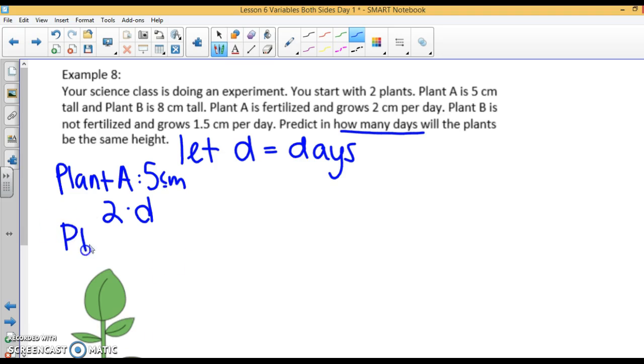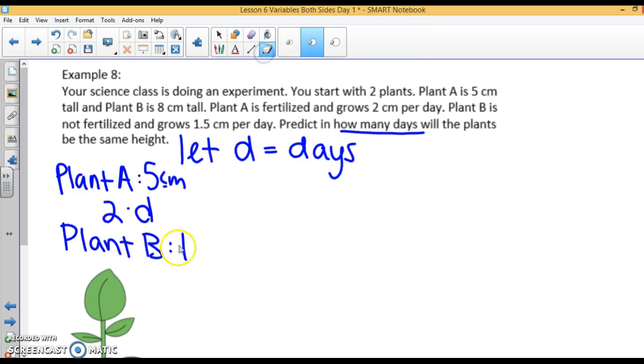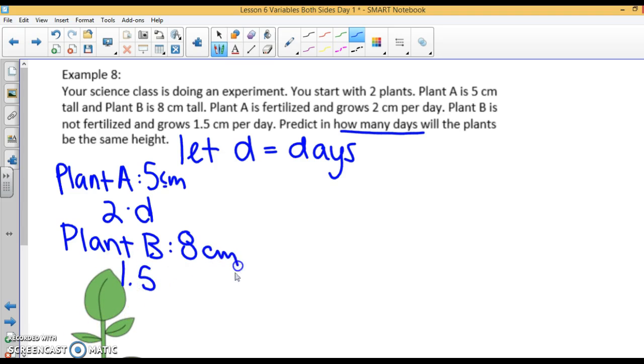And then our plant B tells us it's going to start at 8 centimeters. And that's going to grow 1.5 centimeters per day. So now we know what we're starting with, what they're going to grow by, okay?